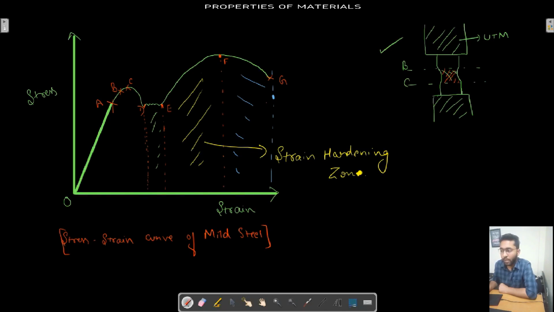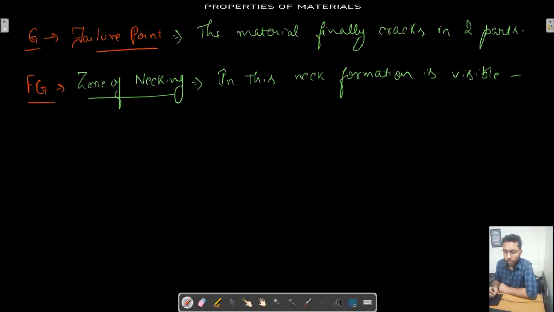Now, all of the analysis is considered to be happening in this BC portion only. So initially, the BC portion remains like this. This is B, this is C. After some time, after reaching point F, the area starts reducing. This happens with the BC portion.